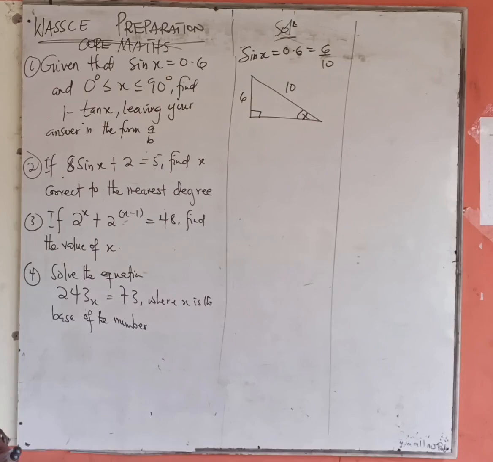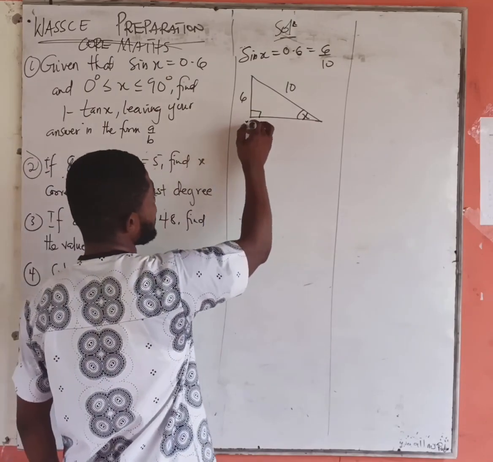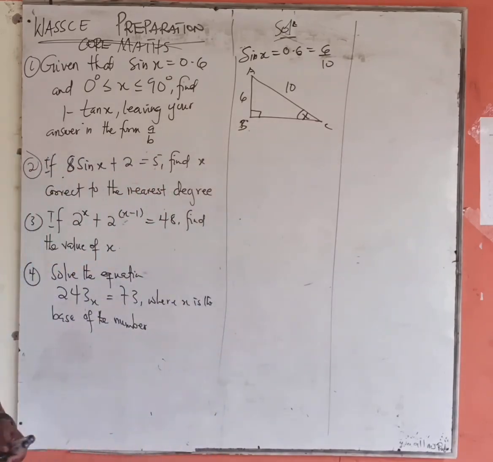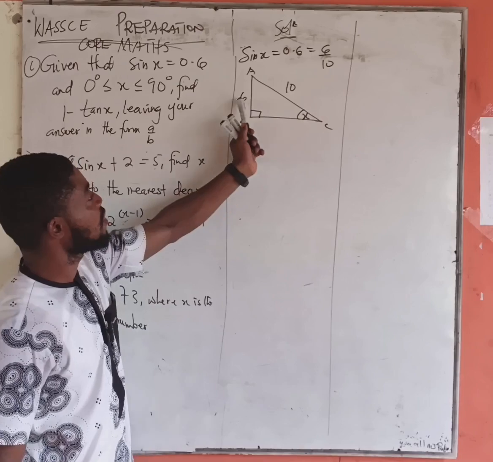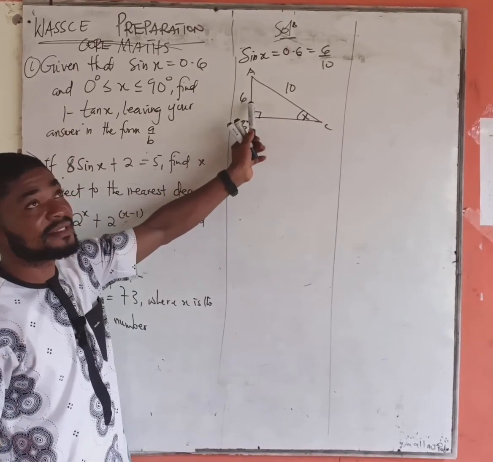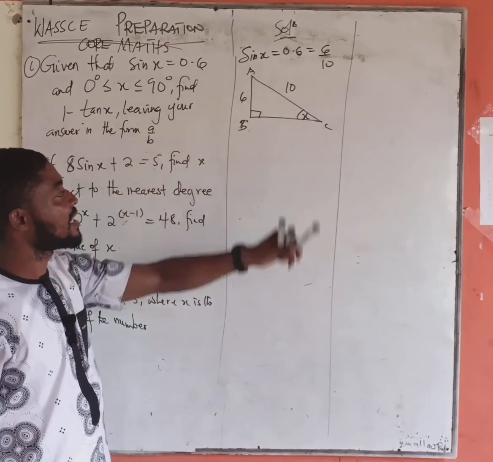If I have my diagram like this, let's say this is A, B, C. Sine x is opposite over hypotenuse. This is the angle x, and this is the opposite of it. This is the hypotenuse, 6 over 10.